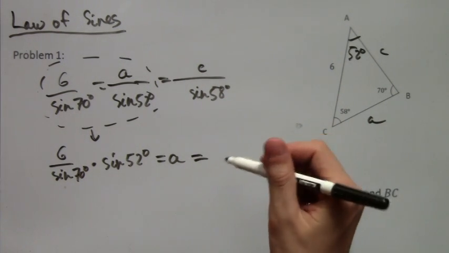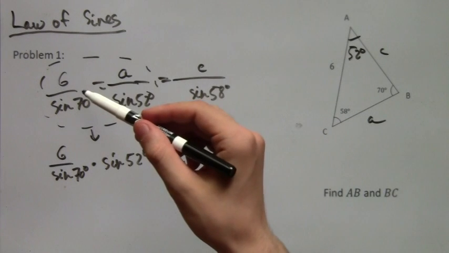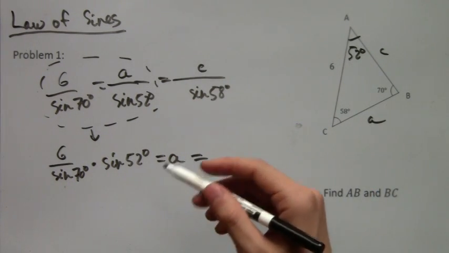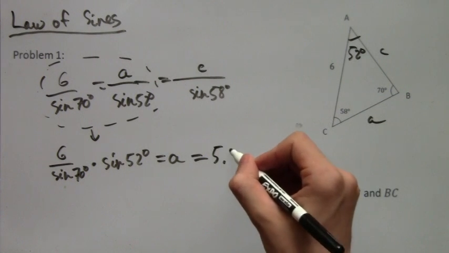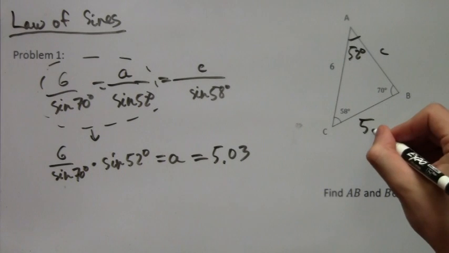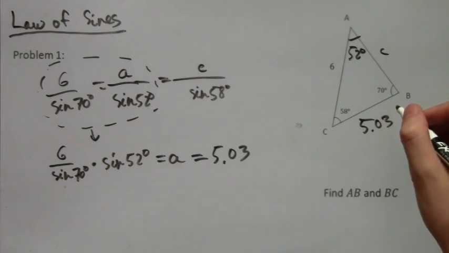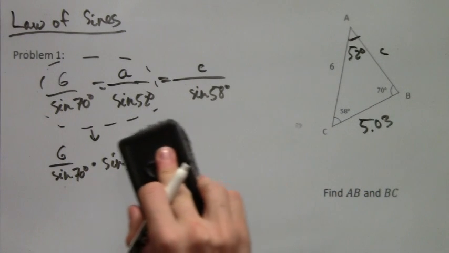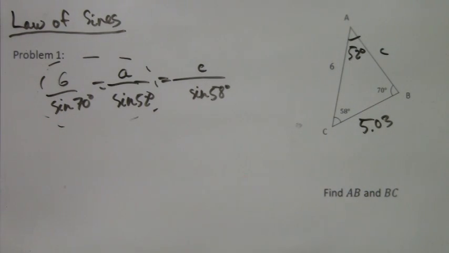So now I plug this into my calculator. This sort of problem always requires a calculator because you're going to get a decimal of some sort. And you get a equals 5.03 after plugging it in. And now we're going to similarly solve for c.